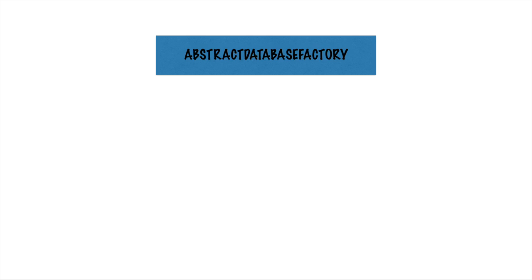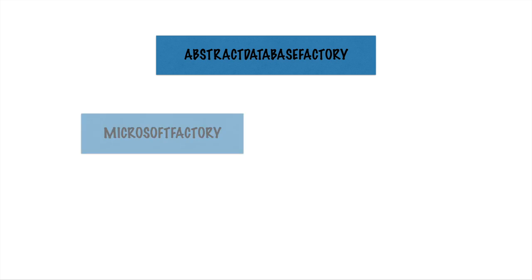Let's see how the class setup of the database factory and its derived classes will be. This is something you've seen before, but it refreshes your memory and allows you to see what a family of databases looks like. So we have the abstract database factory at the root of this hierarchy, which allows you to access different families of databases.